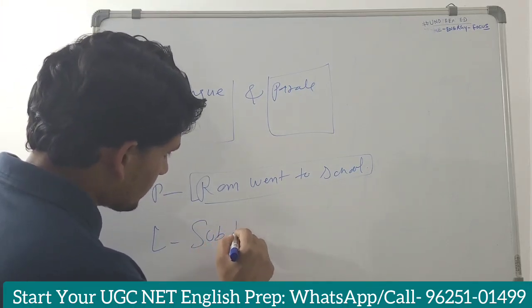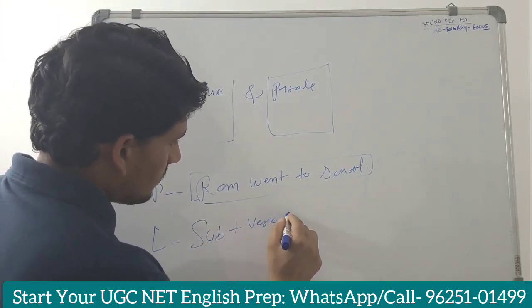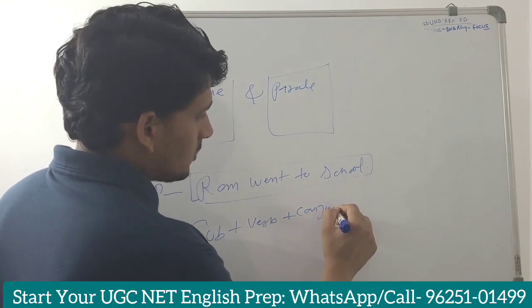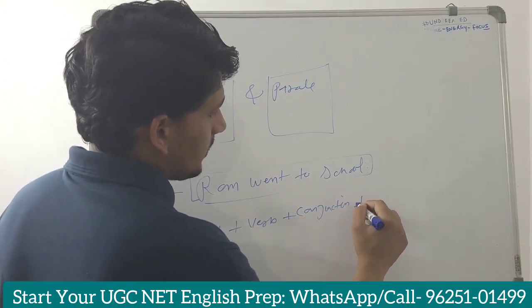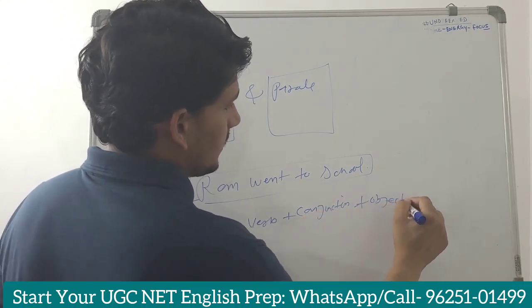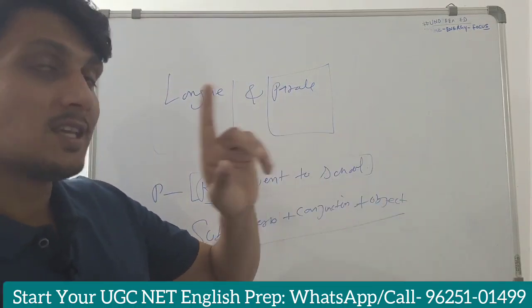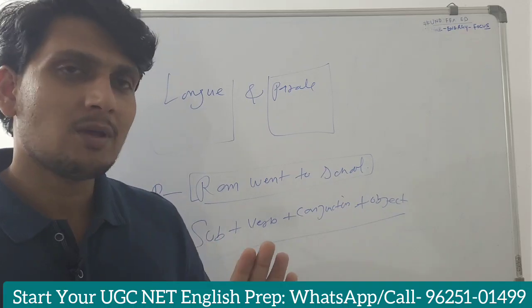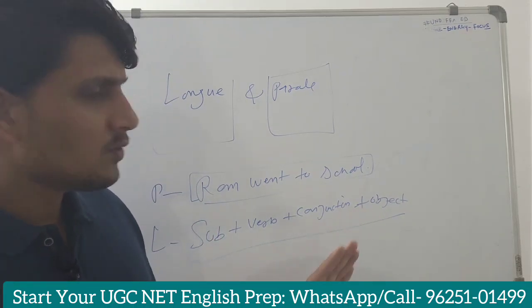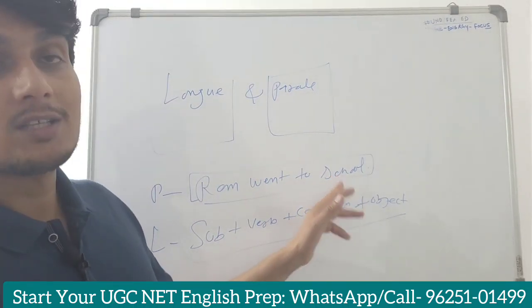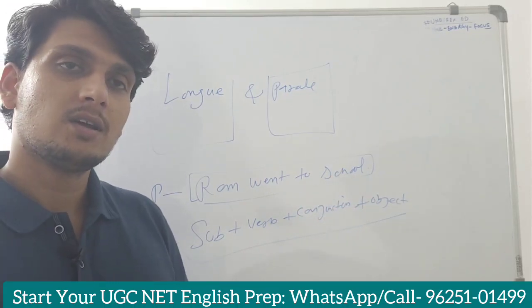It is the subject, verb, conjunction plus object. This is something we cannot see, but this is always the same. Structure is always the same, and it is followed in a similar way everywhere. But this parole, this utterance can be different, right?